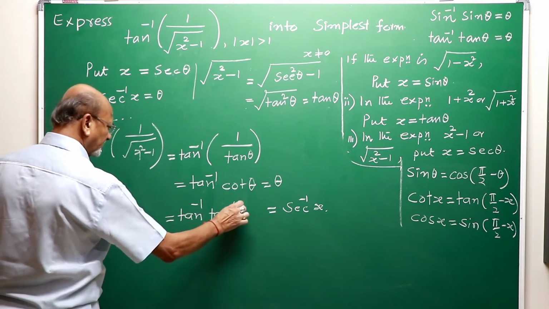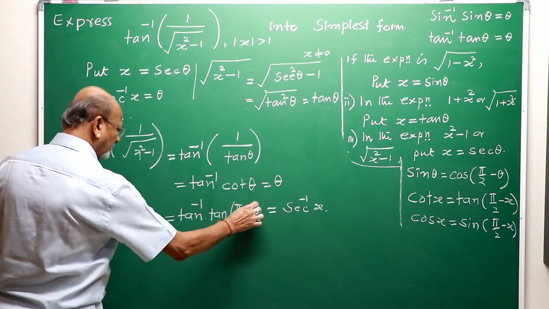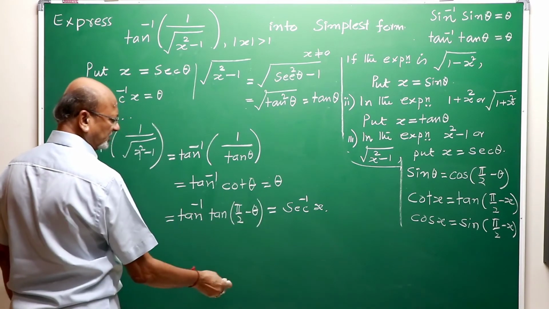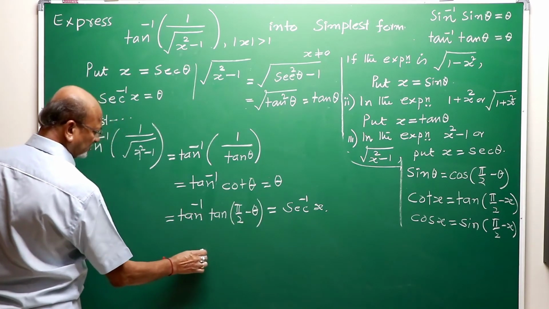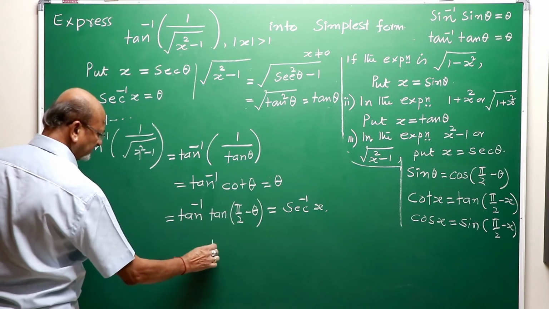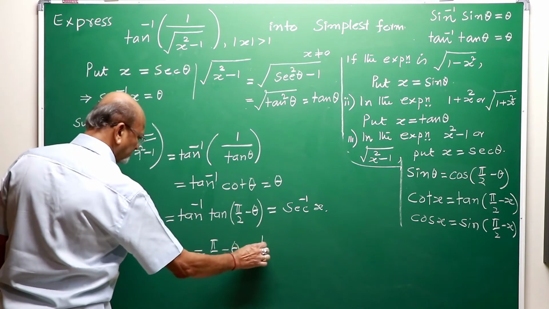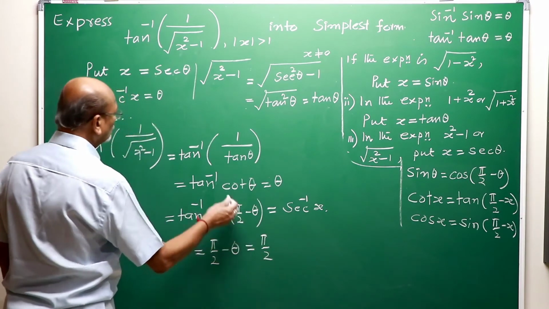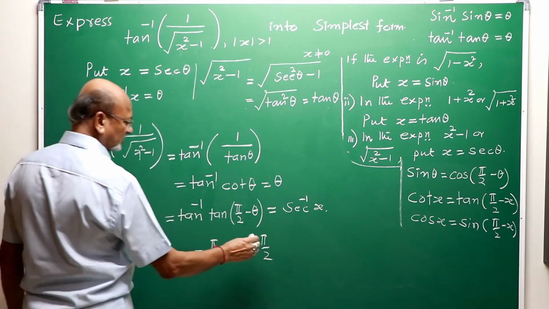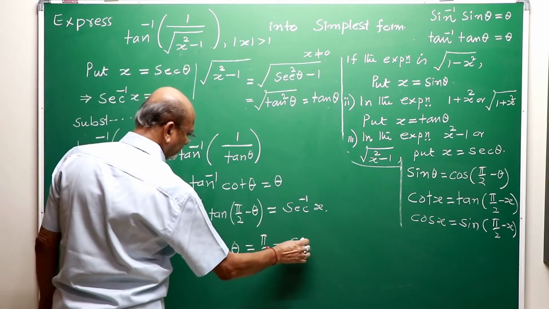So replace your angle by pi by 2 minus theta. Tan inverse of tan is the angle itself: pi by 2 minus theta, which is pi by 2 minus sec inverse x.